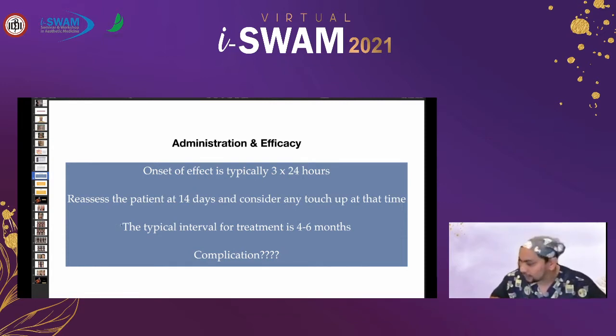And what about complications? If we perform the wrong point of injection, or migration happens, there's nothing you can do. We just keep waiting.